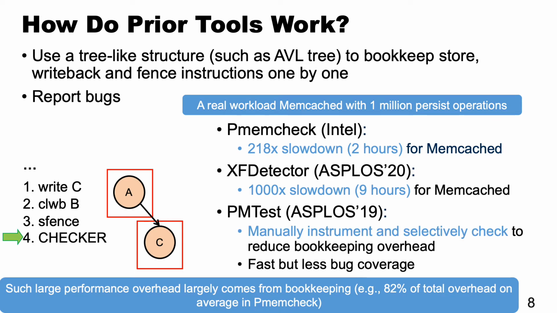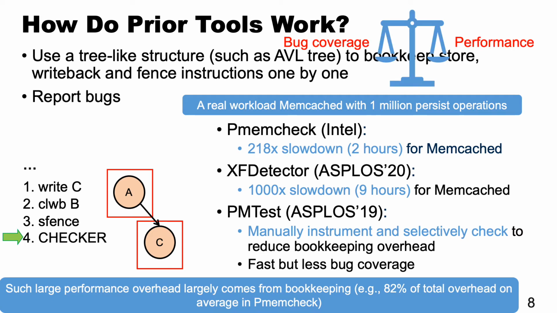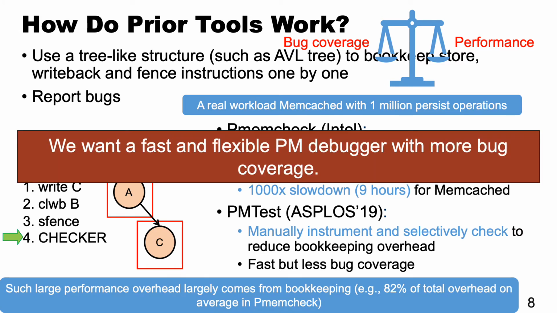To gain high performance, PMTest uses manual instrumentation and selective checkers to reduce the bookkeeping overhead, but causes less bug coverage. Prior tools face a fundamental trade-off between performance and bug coverage. Therefore, we want a fast and flexible PM debugger with more bug coverage.